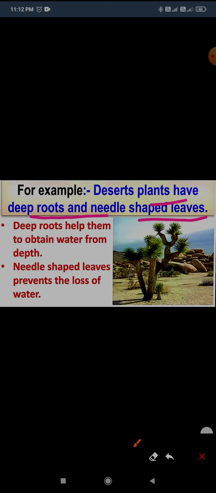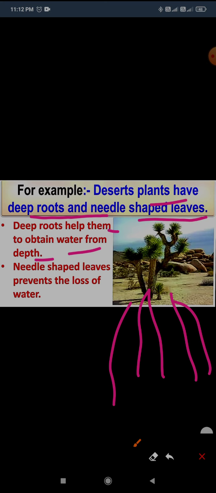Why? Can you tell me why? Yes, because deep roots help them to obtain water from the depth, and needle shaped leaves prevent the loss of water.